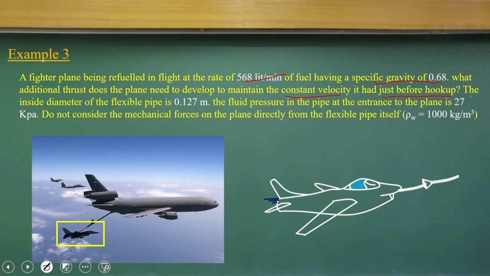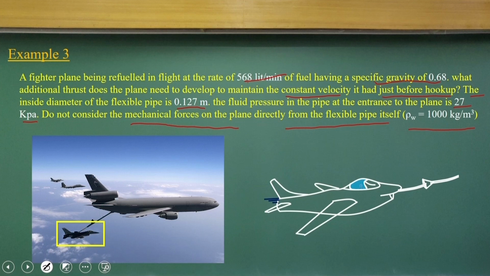The inside diameter of the flexible pipe is 0.127 meters. The fluid pressure in the pipe at the entrance to the plane is 27 kilopascals. Neglect the mechanical forces on the plane from the flexible pipe, and take the unit weight of water as 1000 kg per meter cube.